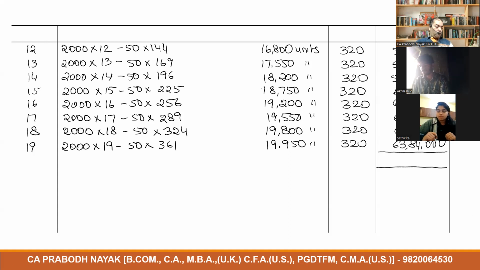Yes, Satvika, what is the total? Voice is not audible. So it is 7,96,000. Okay. 7 crores 96,000. Fine.